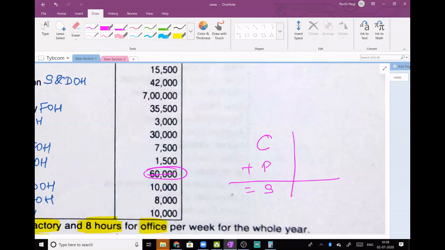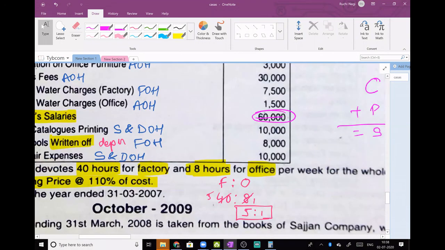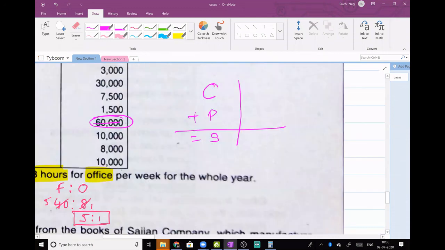So what is the base? Cost is the base. You know maths, anything that is the base is always 100, so cost is 100, and selling price, they have said selling price is how much? 110, so profit is 10. Sorry, I said 100 but I mean 110.